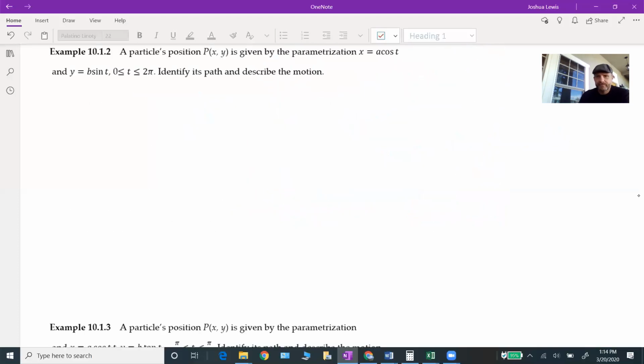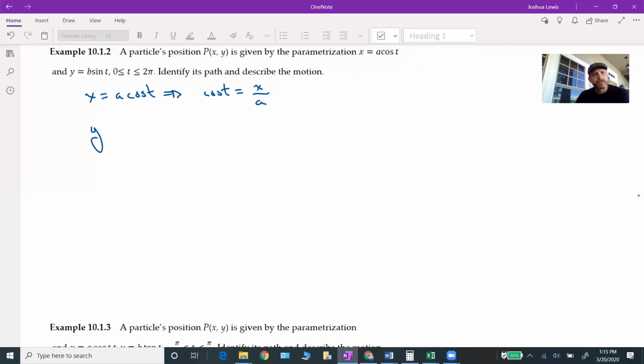Here's one. x equals a cosine t, and y equals b sine t, and t goes from 0 to 2 pi. Well, let's see. If x is equal to a cosine t, then that tells me that cosine t is equal to x over a.